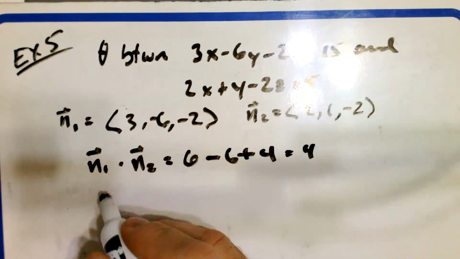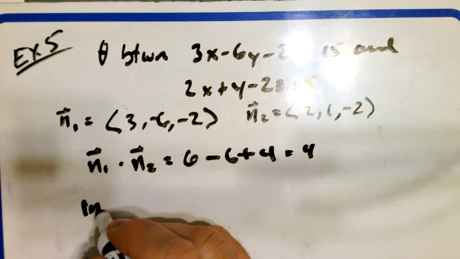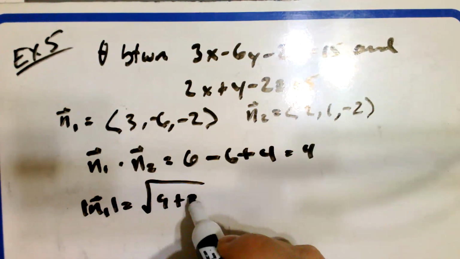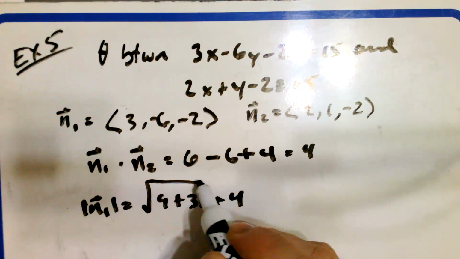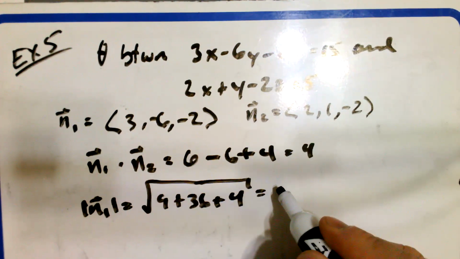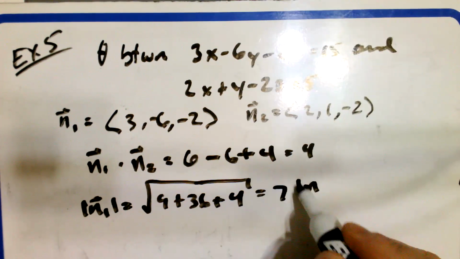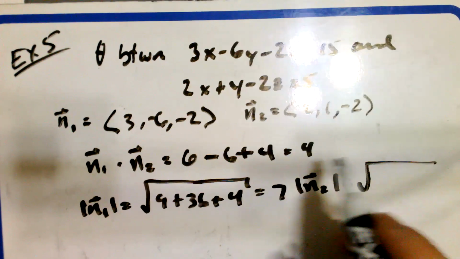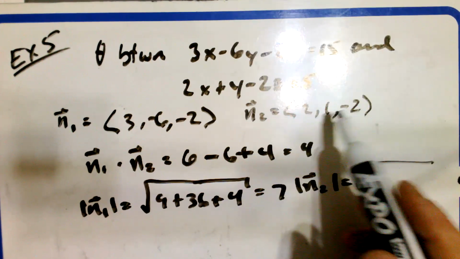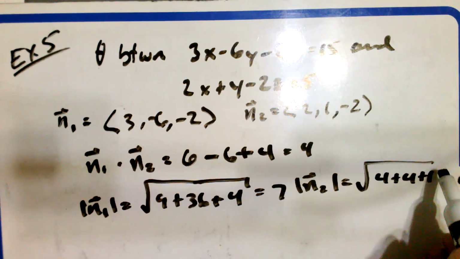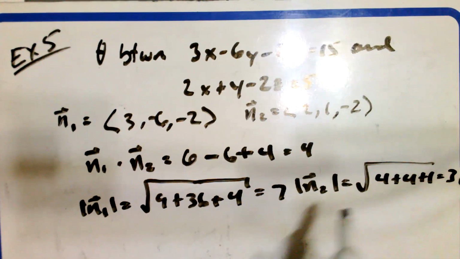And then the magnitude of N1 is the square root of 9 plus 36 plus 4, which is 49. The square root of 49 is 7. And then the magnitude of N2 is 4 plus 4 plus 1, which is 9. So that's 3.